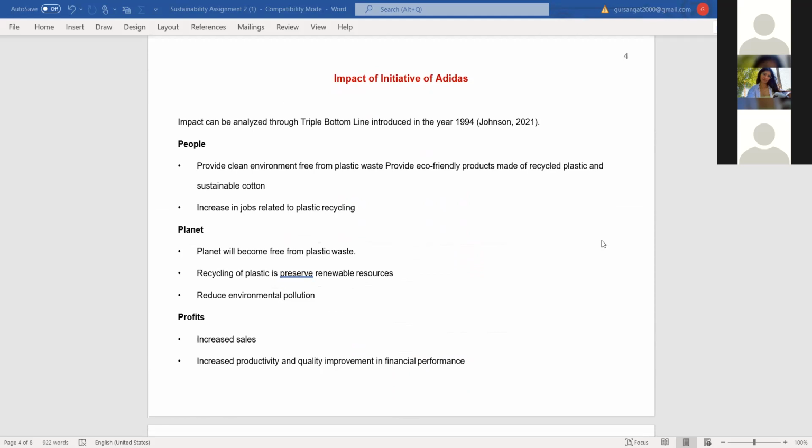Increase in jobs related to plastic recycling. For the planet, it will become free from plastic waste. Recycling of plastic preserves renewable resources, and for profit it increases sales, productivity and quality.